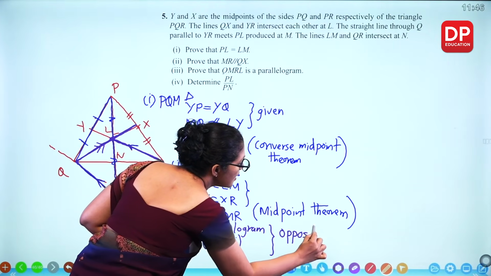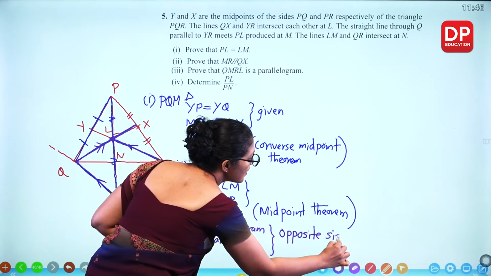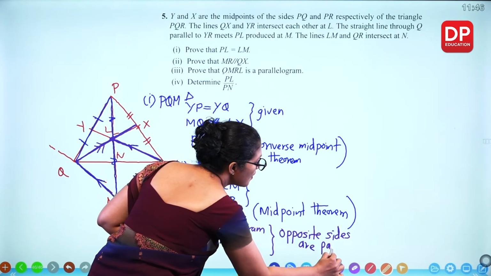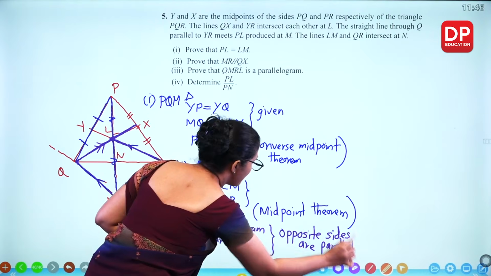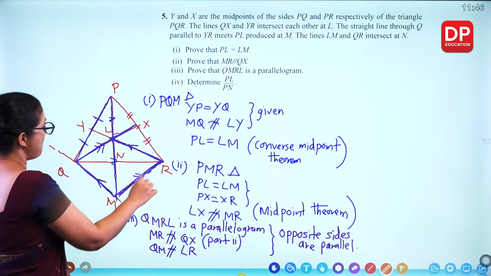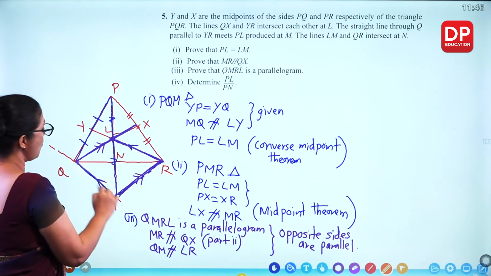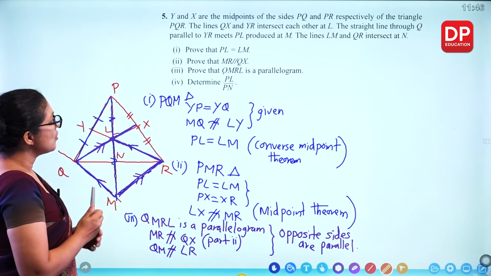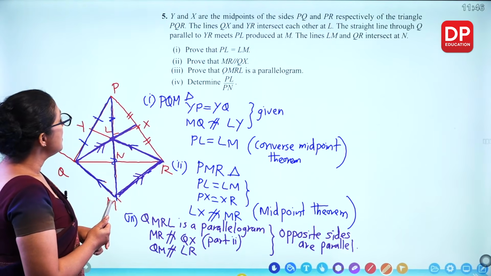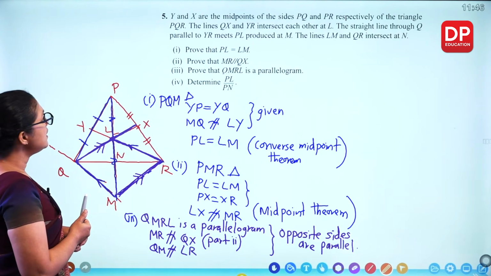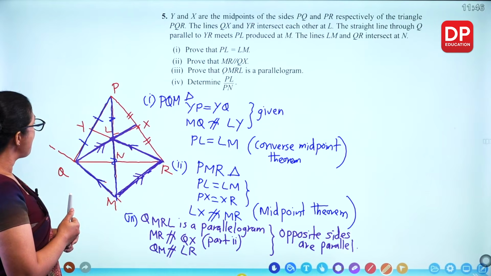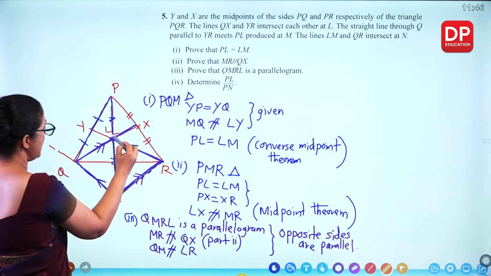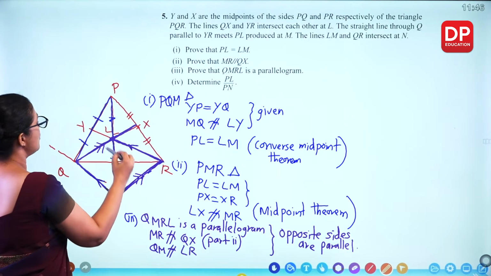That means QMRL is a parallelogram. Now the fourth part, it says determine PL to PN. PL to PN, here to here.